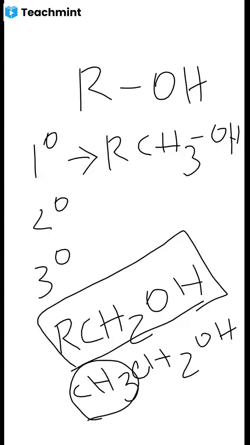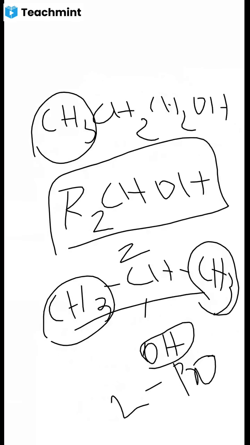Ethanol. Yeah, ethanol, methanol, propanol, anything you can give. What is secondary alcohol? The alcohol which contains 2 alkyl groups. Example? 2-propanol.